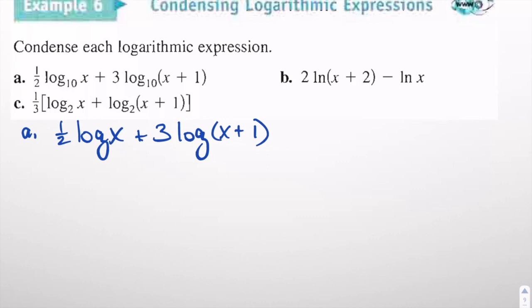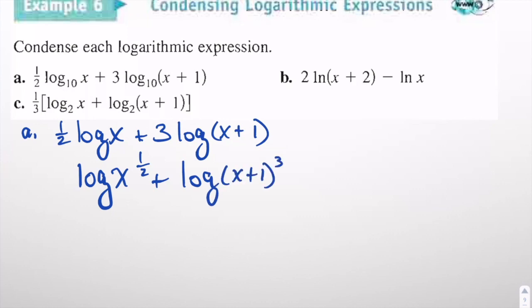This can be rewritten as log of x to the 1/2 power plus log of x plus 1 raised to the 3. And then I can rewrite that as log of x to the 1/2 times x plus 1 to the 3rd power. And so there's A.